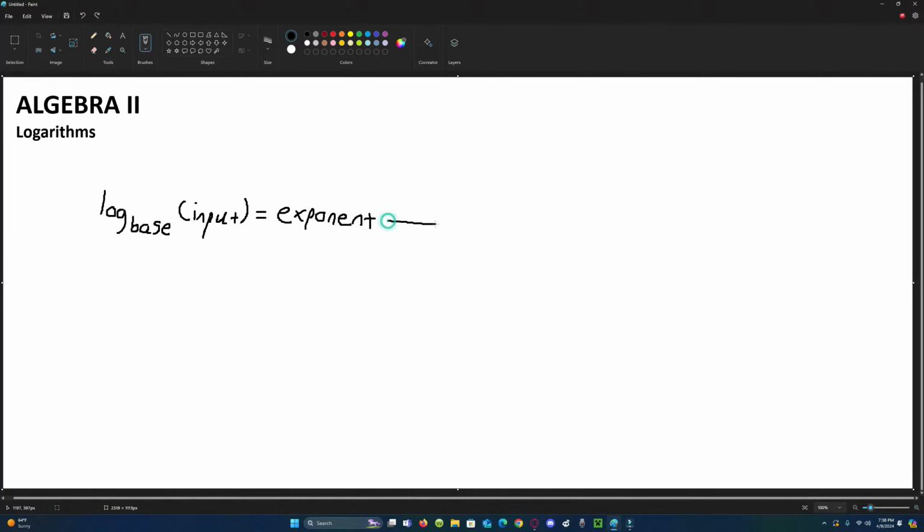And this can be swapped around to what I would call the opposite equation, which would be the base to the power of the exponent equals the input.